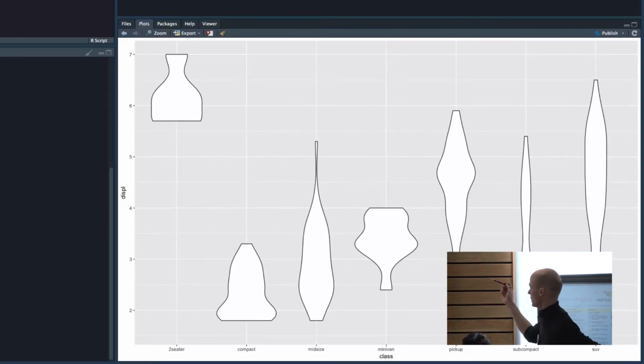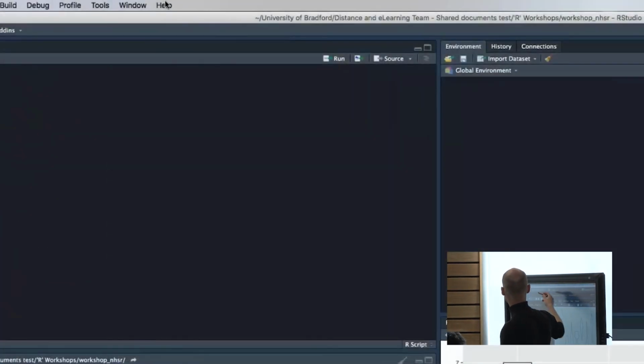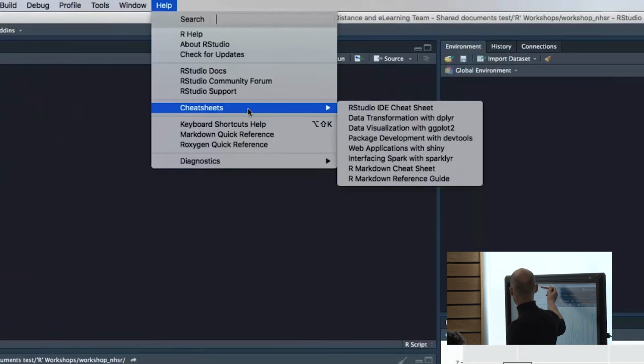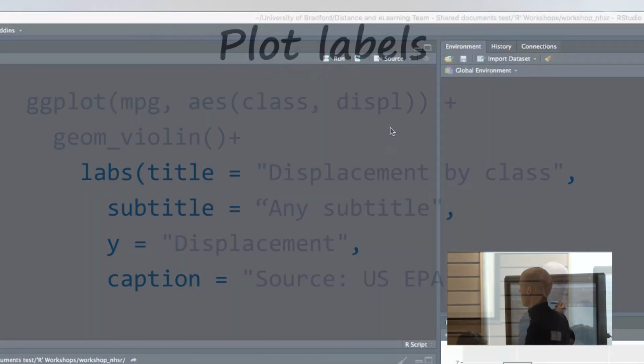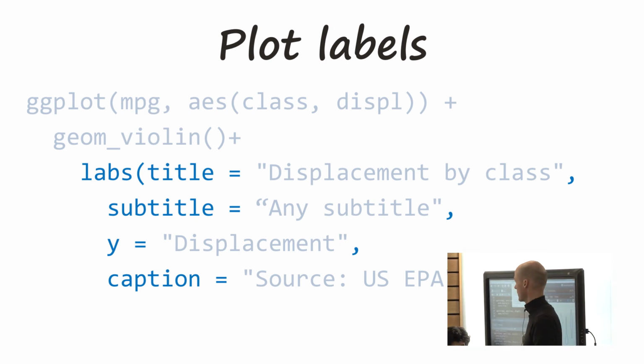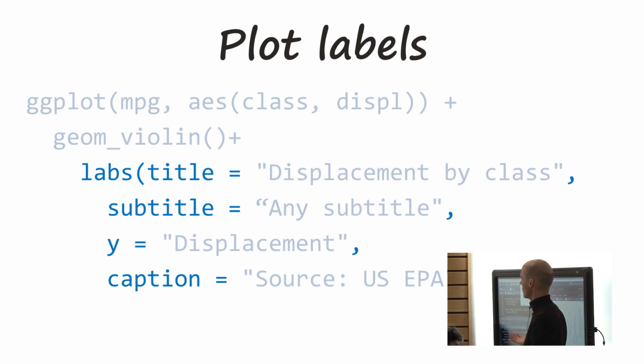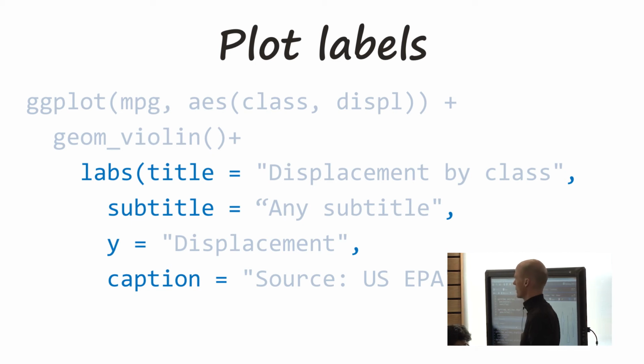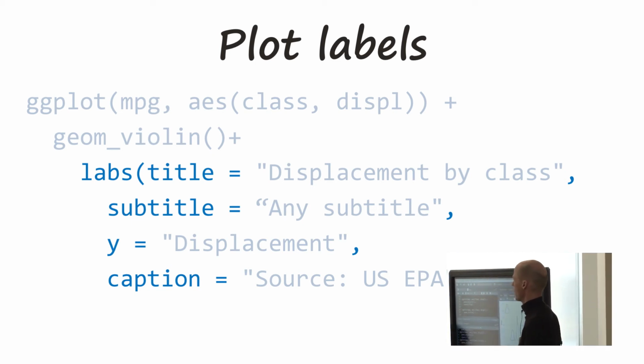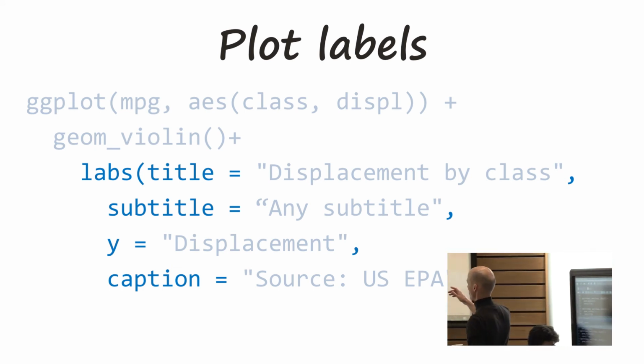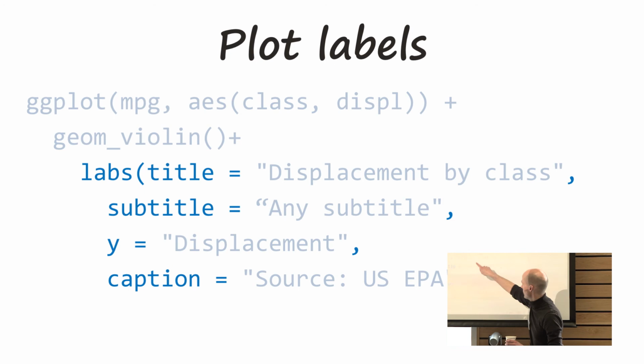There are really good cheat sheets available. If you go into RStudio and Help, Cheat Sheets, and the data visualization with ggplot2 one. Now, nice labels. We can do that with another layer. There are a few options to add labels, but I'm using labs, which allows you to specify each argument as a different label.